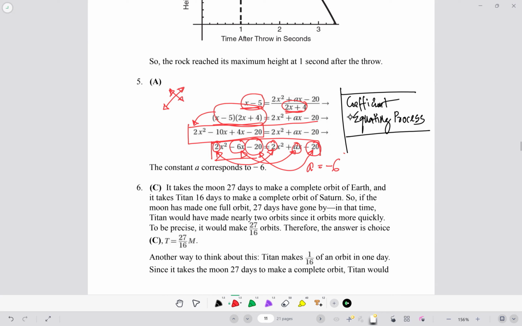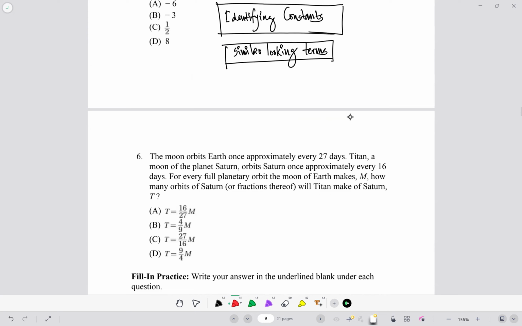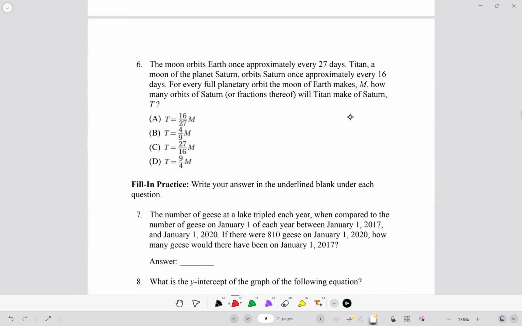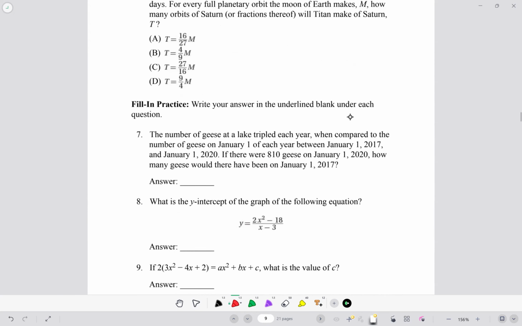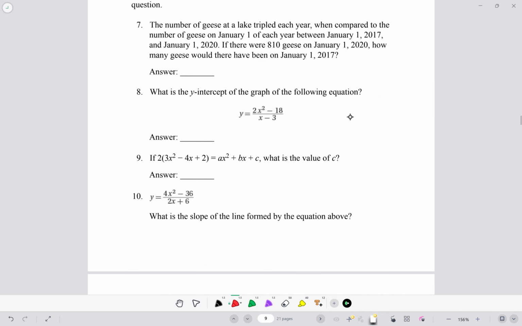Do you have any question? No. It's a simple problem, I think so. So I think the rest of the problem is basically kind of the same, but the last problem we're gonna do, if you just look at this problem 9, something equals something, what is the value of c? Same way, same procedure.